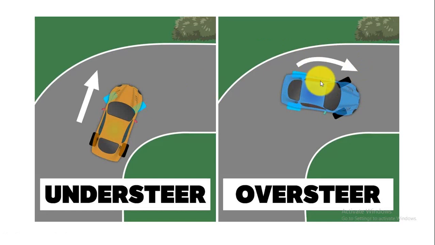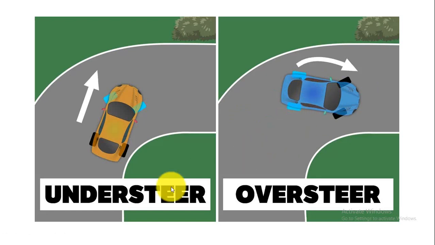In that car, when we try to turn, the front tires will try to turn, but the rear wheels will not turn due to the high speed, because the rear wheels are just following the front wheels, as steering is only given to the front wheels. Because of that, the vehicle will skid from the back part, and the vehicle will turn more sharply than it should, which is known as oversteering.